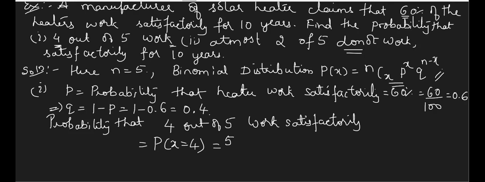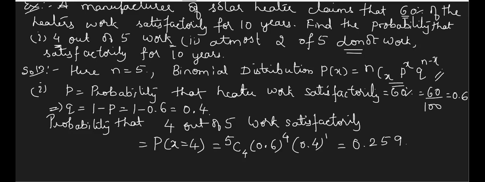In this binomial distribution, substitute the values. You are very eager to tell the answer, but I am asking for the substitution. 5C4, 0.6 raised to 4, q is 0.4 raised to 5 minus 4, which is 1.